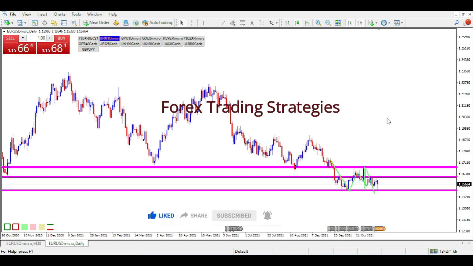Now, you find that the easiest way to trade USD related pairs is to simply use the dollar index.